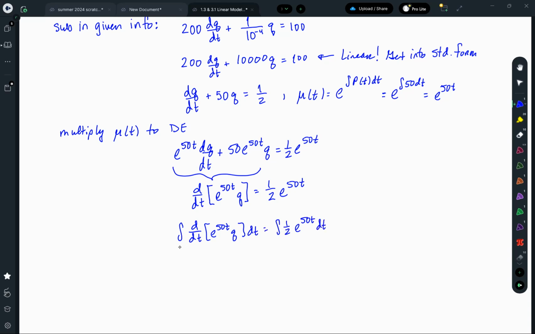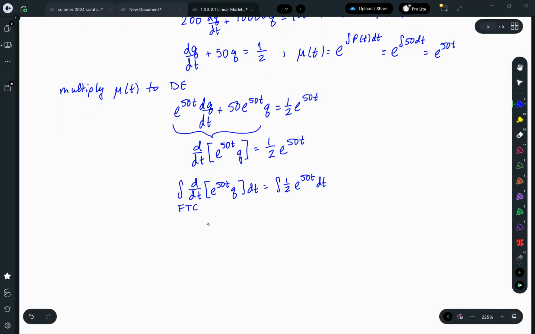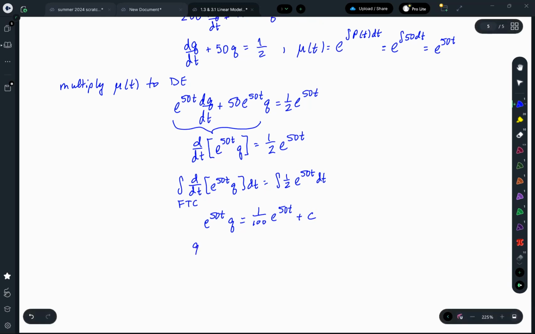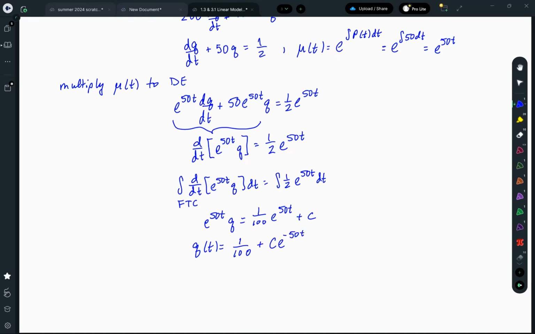On the left, the fundamental theorem of calculus steps in and the integral and derivative undo each other, leaving behind e to the 50t q equals 1/100 e to the 50t plus c. Last step is to get q of t by itself. Q of t is equal to 1/100 plus c e to the negative 50t.